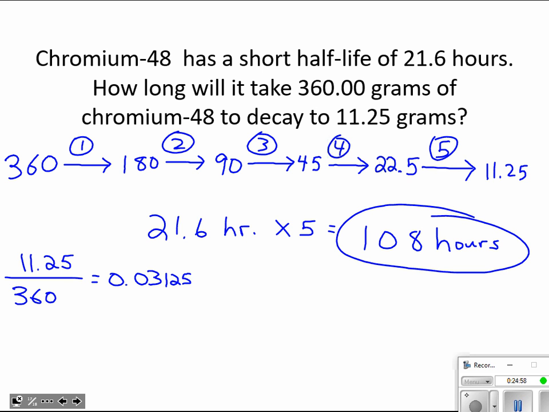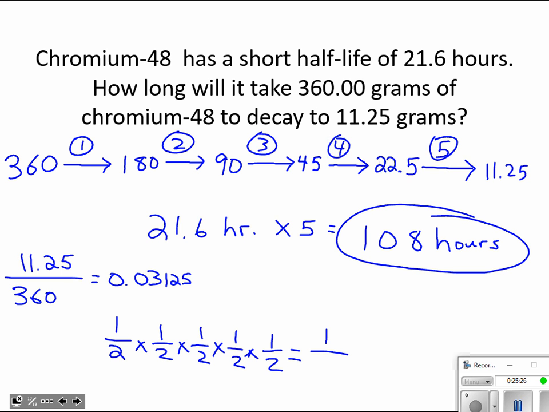All right? Now, I'm going to show you something here too, folks. Here's one half-life. Here's my second half-life. Here's my third half-life. Here's my fourth half-life. Here's my fifth half-life. What's 1 times 1 times 1 times 1 times 1? 1, right?